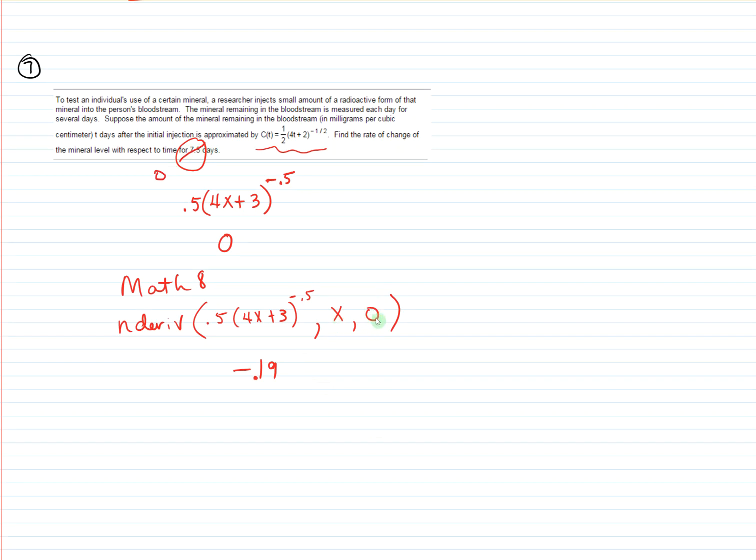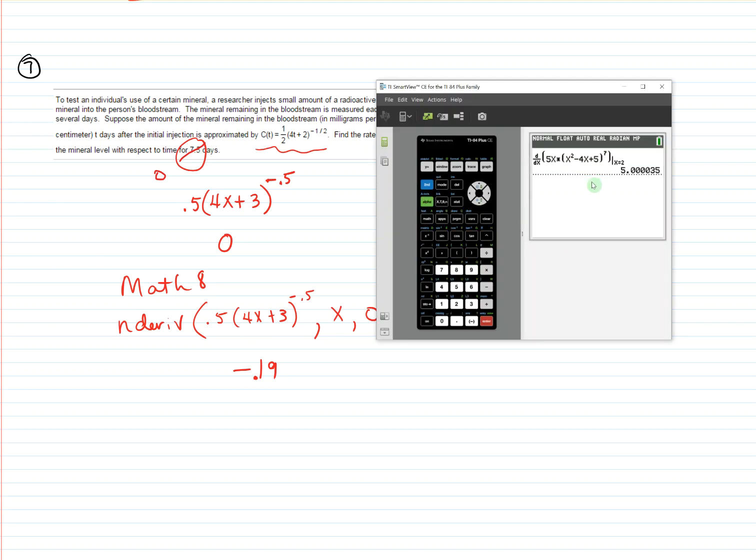That's the x equals. And so for this one, it came out to be negative 0.19 was the rate of change of the mineral level for 0 days. So whatever number you're given in this part of your problem is the number you're evaluating Math 8 at. And so remember, when you're in your calculator, that's the number that goes right there.